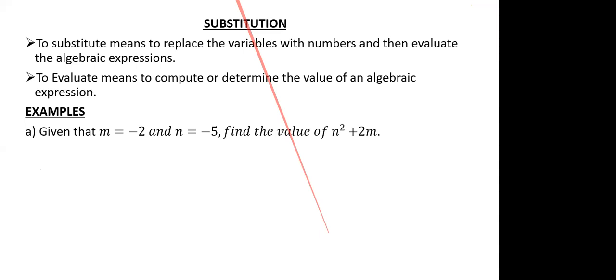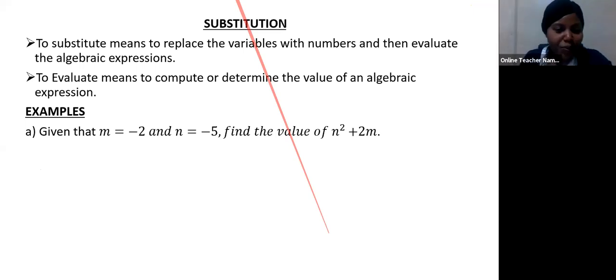All right, let me start afresh. Let's look at the question. The question is saying, given that m is equal to -2 and n is equal to -5, find the value of n squared plus 2m.